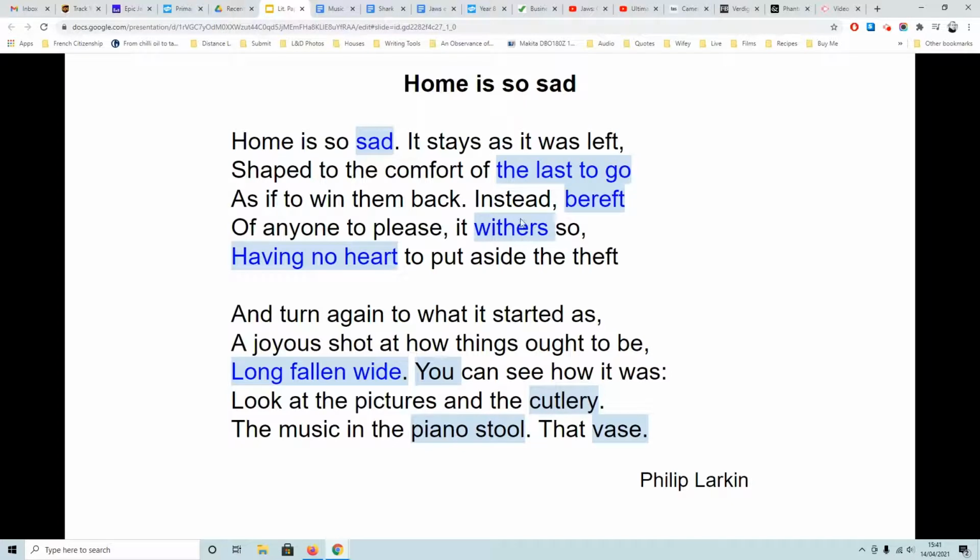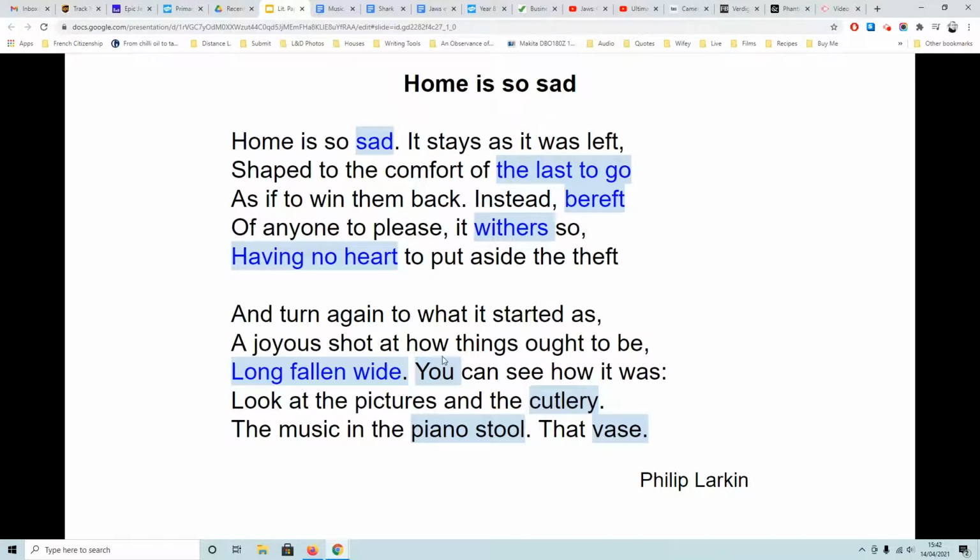Withers, now we're linking more into the idea of flowers and people aging, decaying. Having no heart, long fallen wide. We talked about that earlier, about the kind of sense of failure to live up to what was promised. So all of those words come under a lexical field of melancholia, loss, and failure.